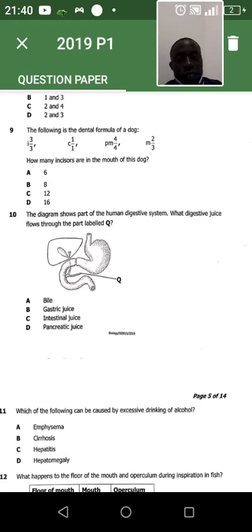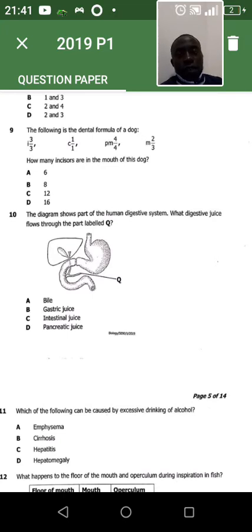Wonderful. Question 10. The diagram shows a part of the human digestive system. What digestive juice flows through the part labeled Q? So Q, it is a pancreas there. You know that the function of the pancreas is to receive bile from the liver.